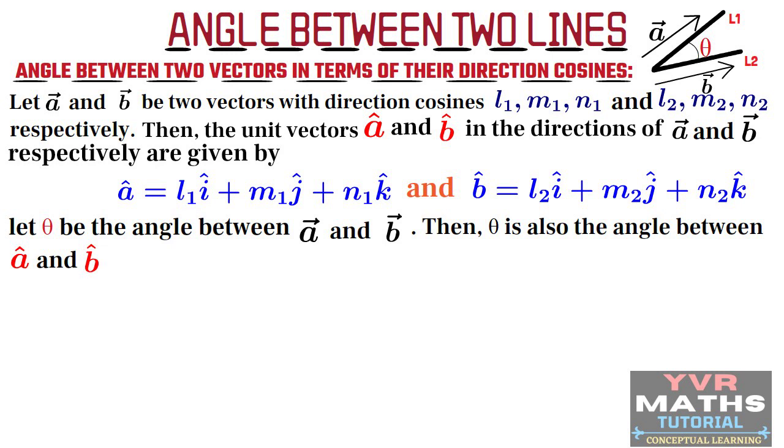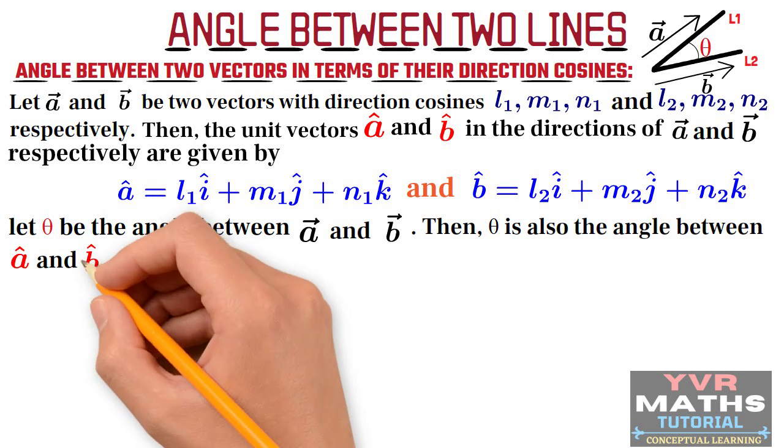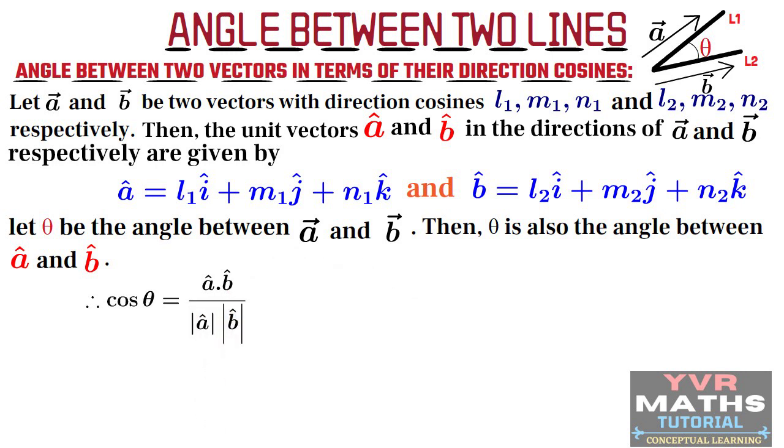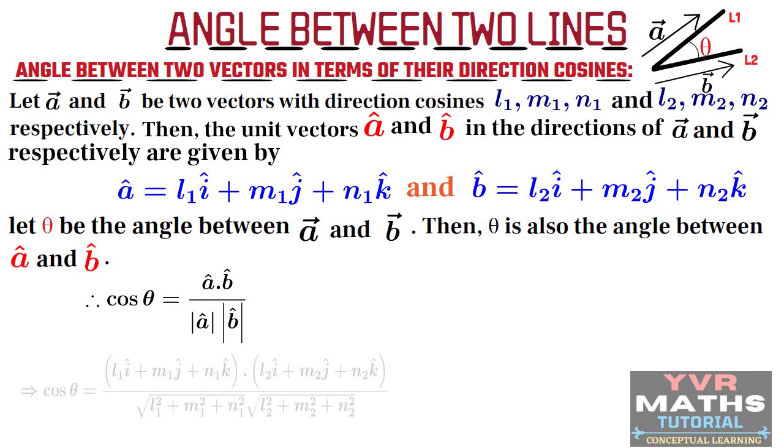Now from the concept of the dot product of two vectors from the chapter vector algebra, if theta is the angle between two vectors, then cos theta is equal to A cap dot B cap by modulus of A cap into modulus of B cap. Now in this formula I will substitute the A cap vector and B cap vector.